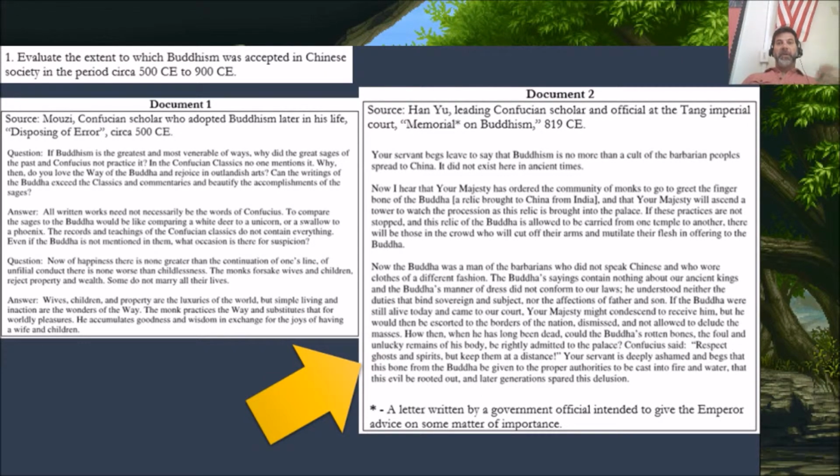Han Yu's upset about this. He advises the emperor against allowing these monks to come to the palace. He says they're going to get violent and crazy, and then he criticizes Buddhism as something that's too foreign and undermines Chinese society. So this shows an elite, a scholar and official, trying to suppress Buddhism, trying to tell the emperor to move away from Buddhism.